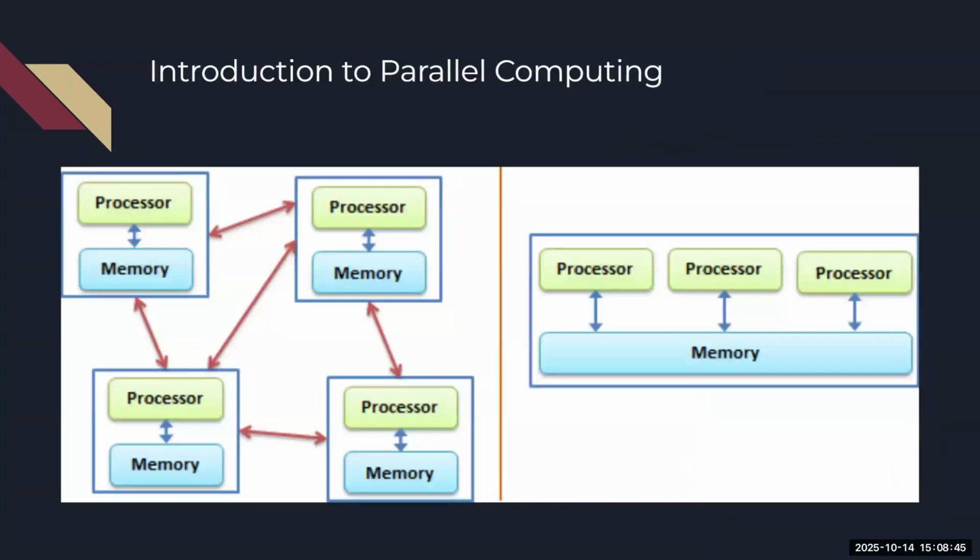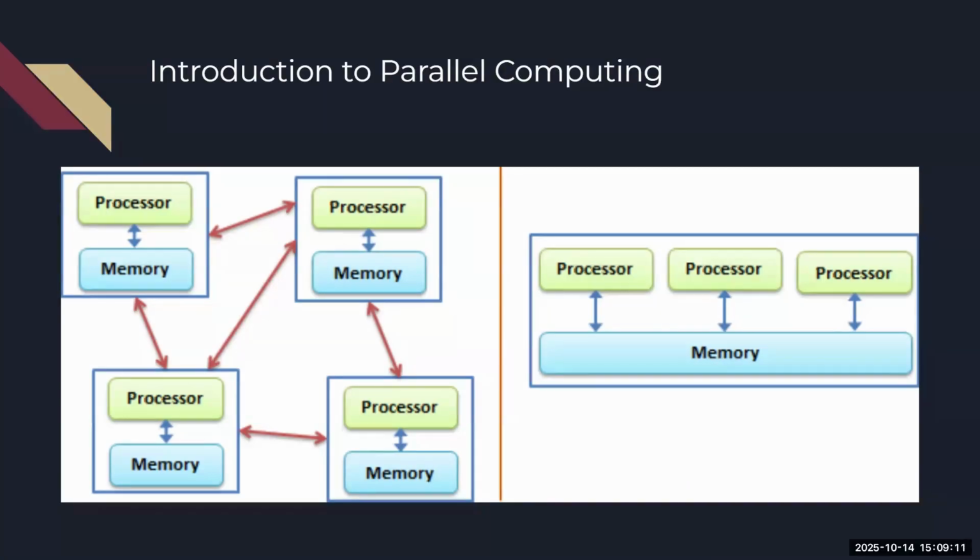So when we do parallel computing, we talk about two things. One is what we call distributed computing. Actually, let me hide this so you can see the bigger picture. Right? One is what we call shared memory, the one on your right-hand side, right, where we have each processor and they all access the same memory. What do we mean by that? Let's say you're running a program with some code, right? They all have access to the same program and code or data that you're running, right?